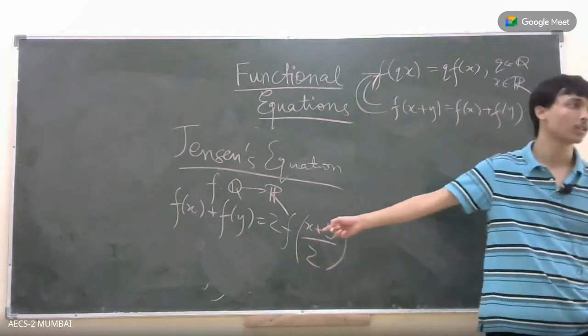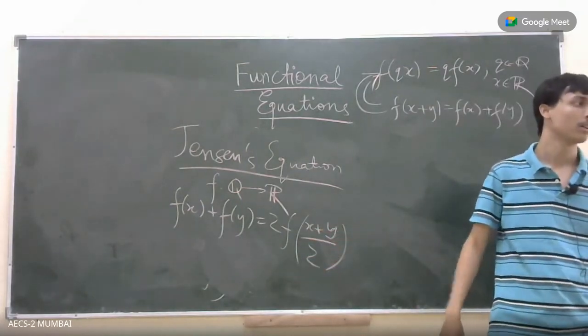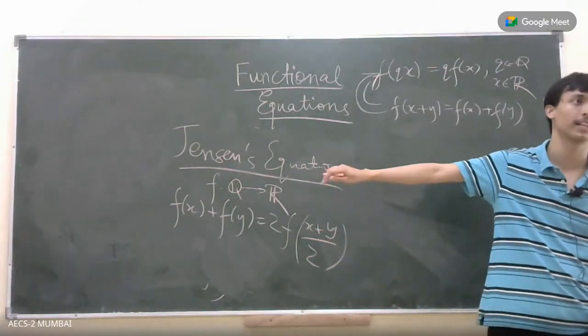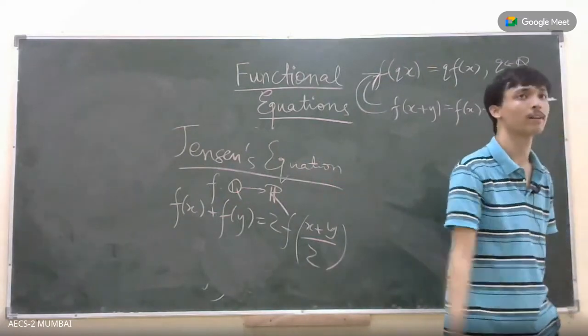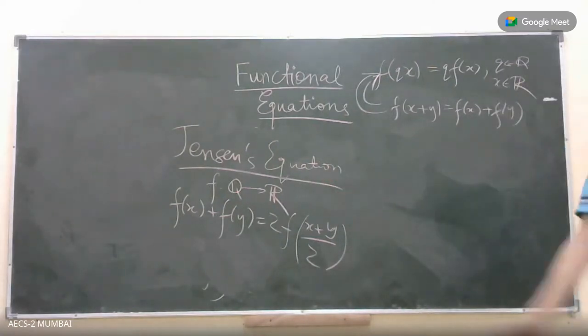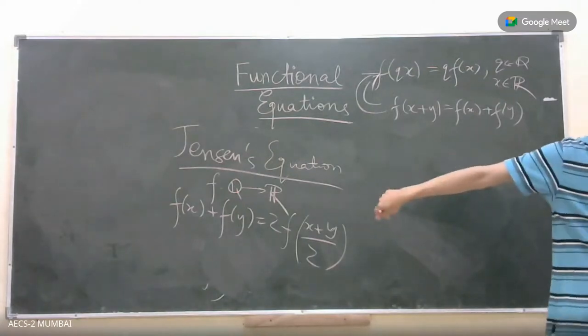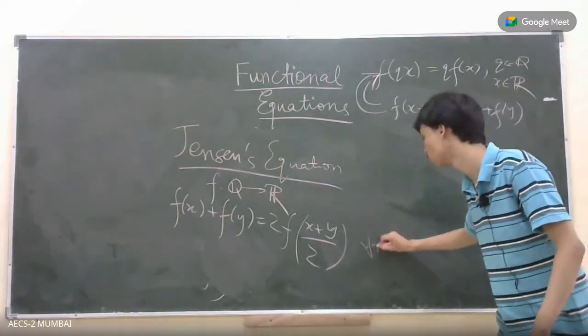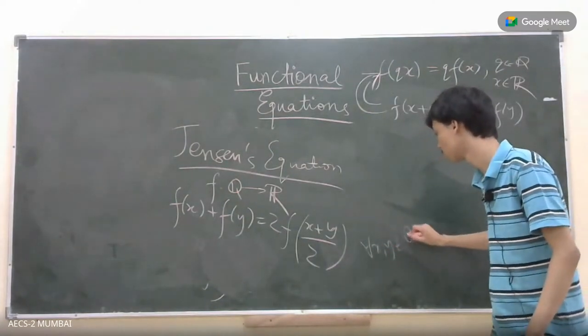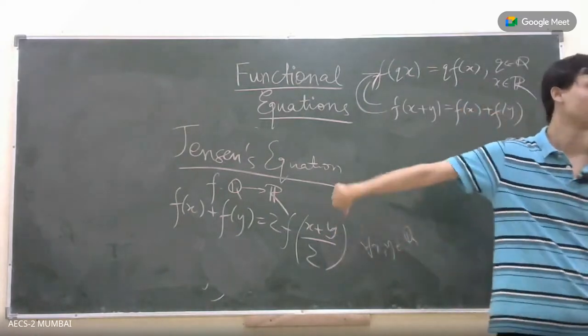Is this question clear? You have to find all functions which take as input rational numbers, give as output any real number, and will satisfy this equation for all x, y input. Is this clear?